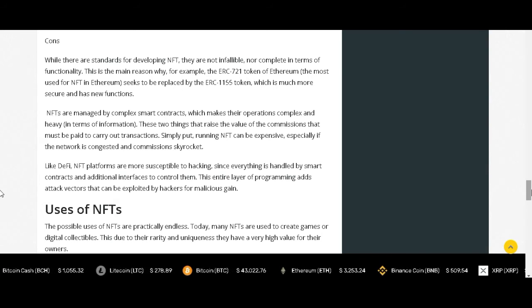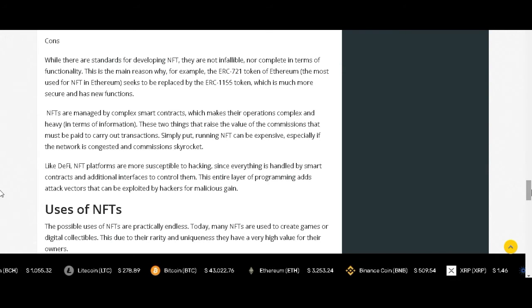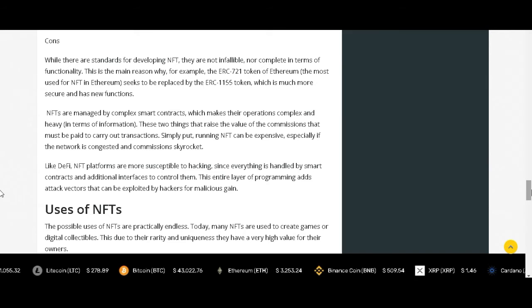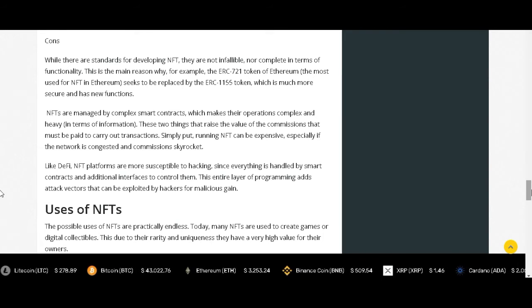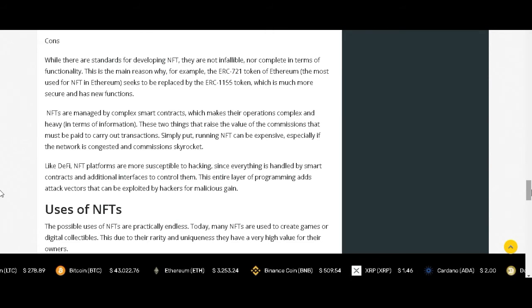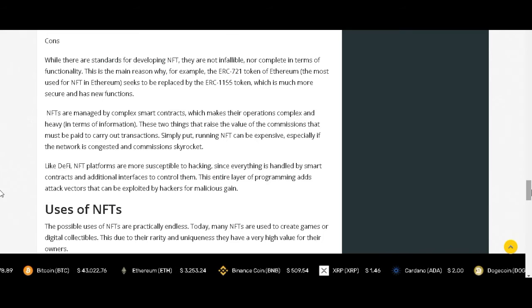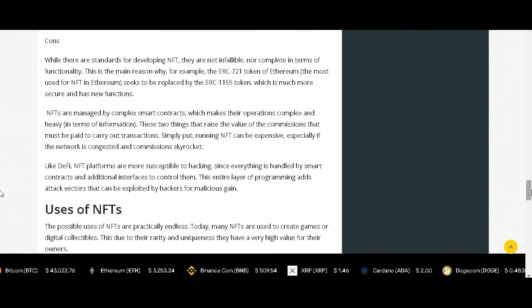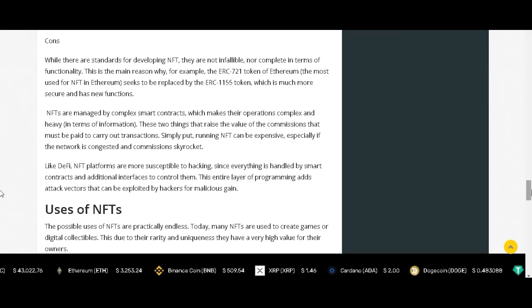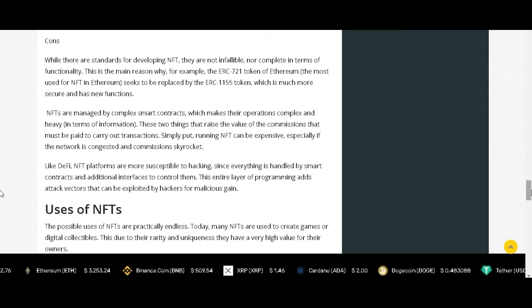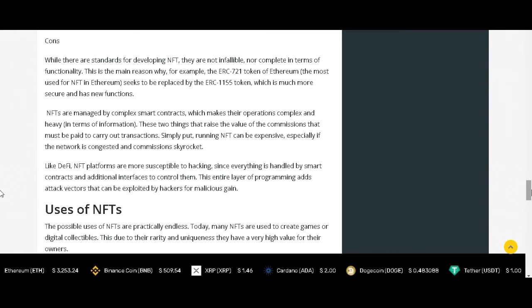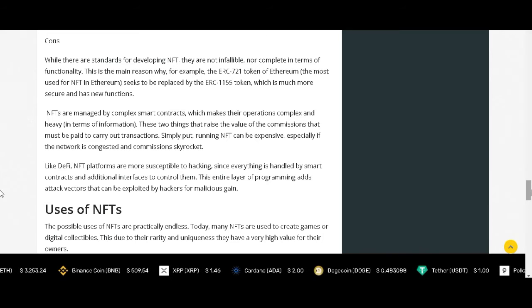NFTs are managed by complex smart contracts, which makes their operations complex and heavy in terms of information. These two things raise the value of the commissions that must be paid to carry out transactions. Simply put, running NFTs can be expensive, especially if the network is congested and commissions skyrocket.